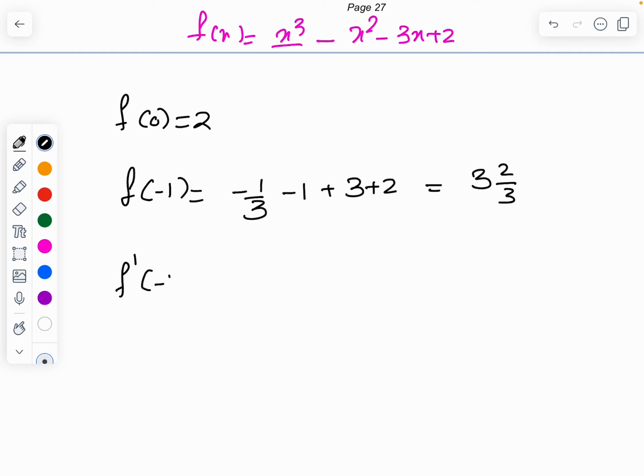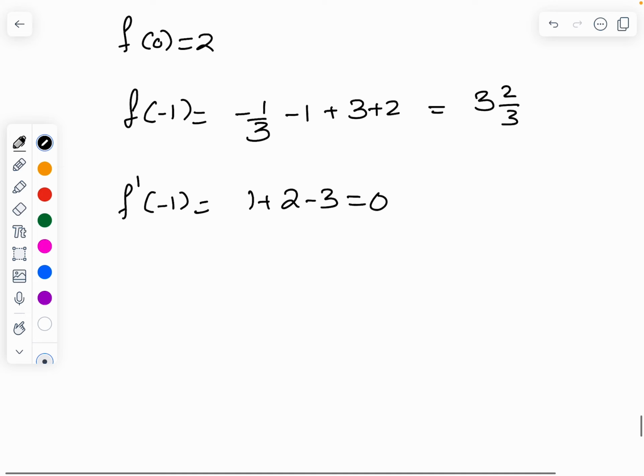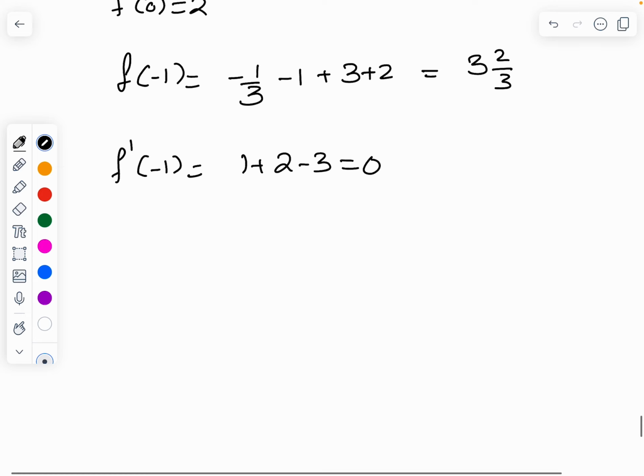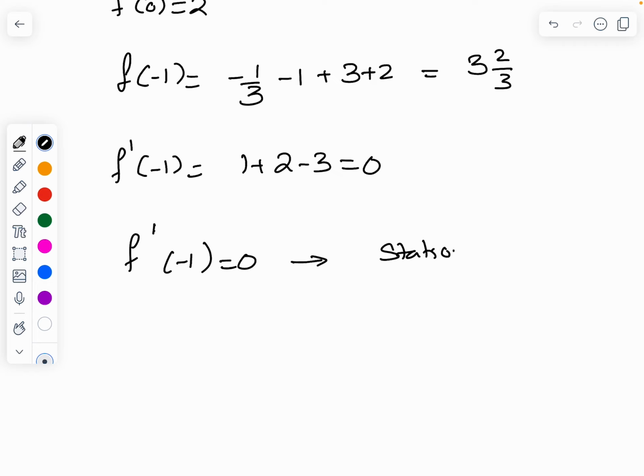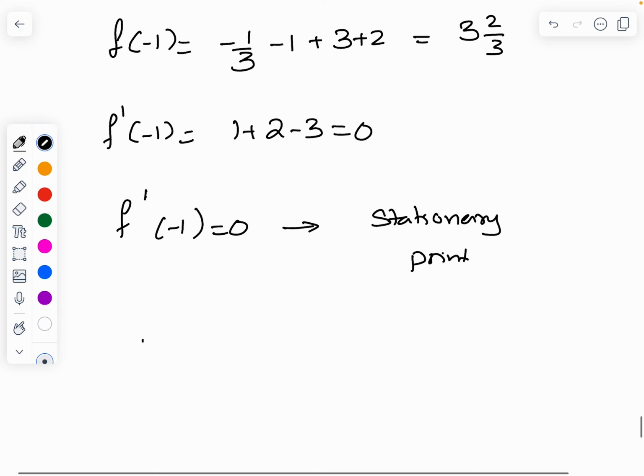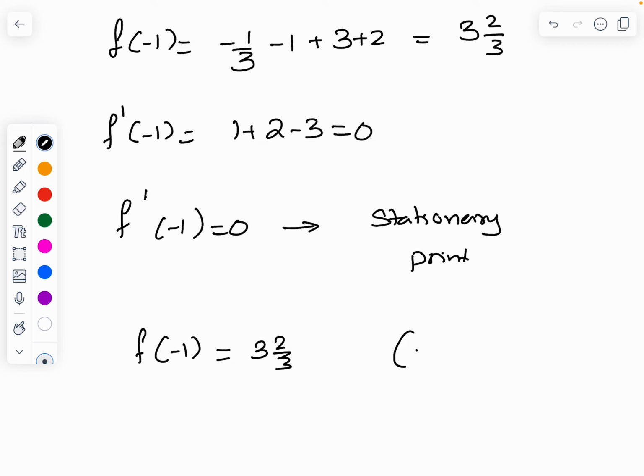Finally f prime of minus 1 will become 1 plus 2 minus 3, which becomes 0. Now we know that f prime of minus 1 equals 0 means it is a stationary point. Then find f of minus 1. f of minus 1 is 3 2 upon 3.